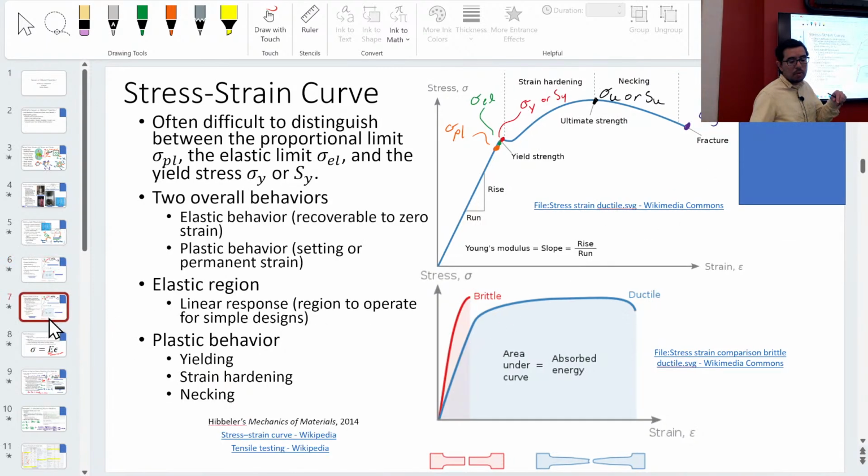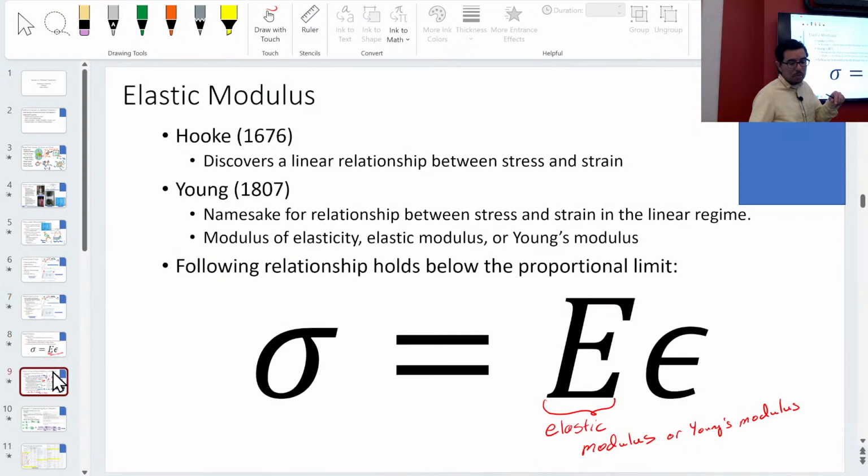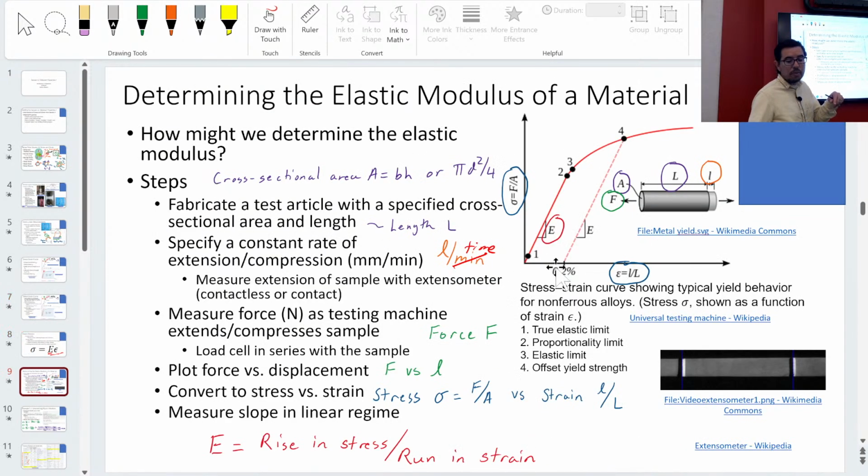But what's interesting here is that when you come back down, you've got some permanent strain. So the sample is longer than it was when you initially pulled it or compressed it. Well, in this case, these are tension. Let's just say it's tension.